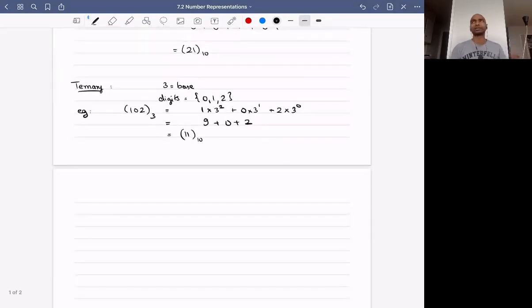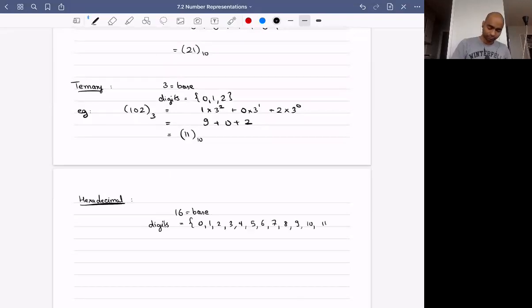Then the more interesting one that you will encounter a lot, especially in computer science or programming, is the hexadecimal. The hexadecimal representation uses 16 as your base. And in this case, the digits are to be from 0 all the way to 15. Now, the problem is that if you use these digits, then when you write a number, you will have to bracket things so that you don't confuse 11 with 1 1.